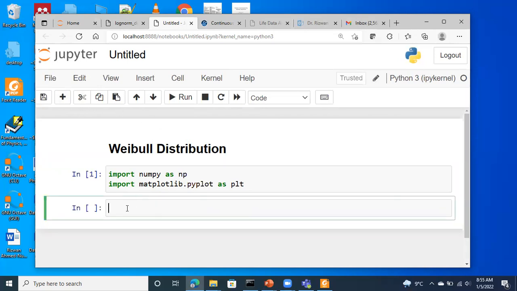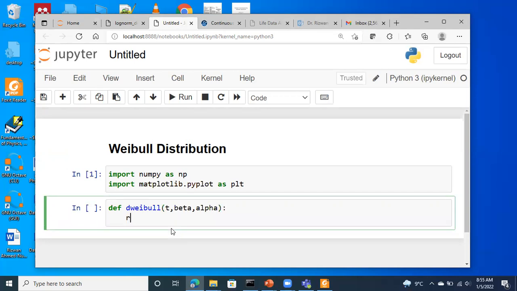In the next cell, let's define. We write the keyword def, so define the function name. I write it for the density function, Weibull function, and so it is going to get the value of t, right? And there should be one beta value and alpha value, right?